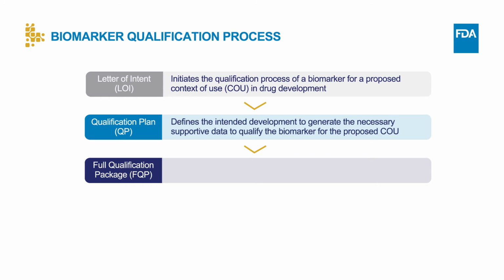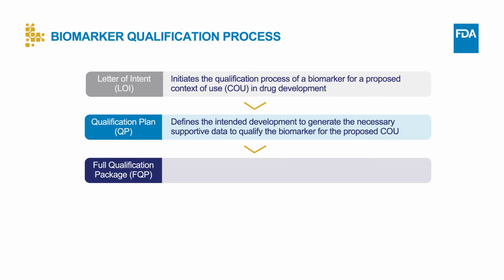The Qualification Plan, or QP, describes the proposed development plan to generate the necessary supportive data to qualify the biomarker for the proposed context of use in drug development. The QP should include detailed information on the suitability of the biomarker measurement method, as well as summary data on completed studies and study designs of planned future studies to confirm the usefulness of the biomarker in drug development.